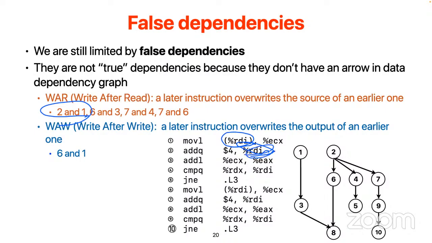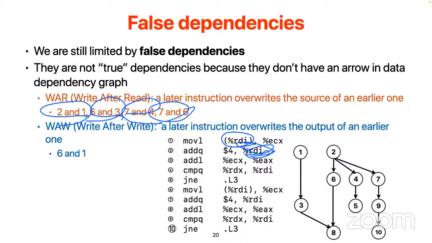So by write after read, it means the later instruction is writing after the first instruction who is reading. That case is a false dependency. Instruction 2 and 1, 6 and 3, 7 and 4, 7 and 6 all fall into this category.